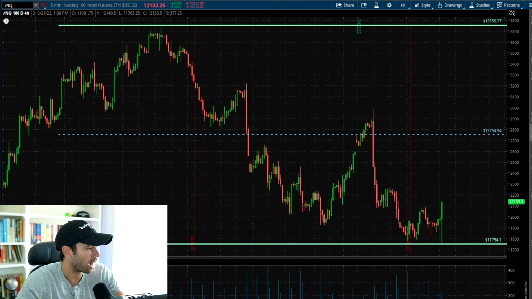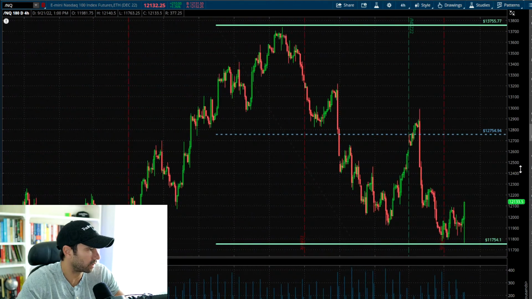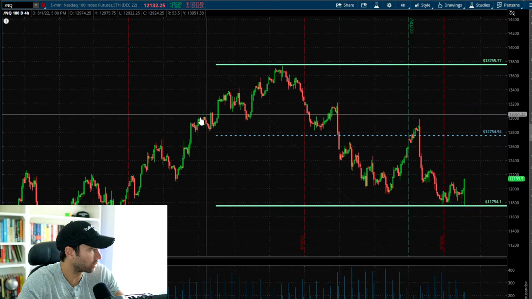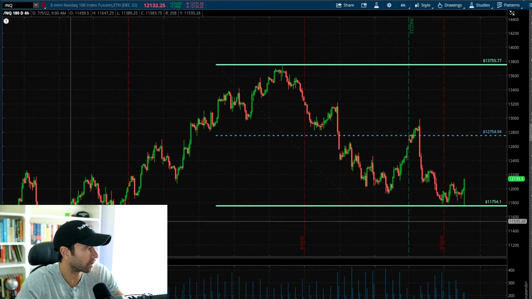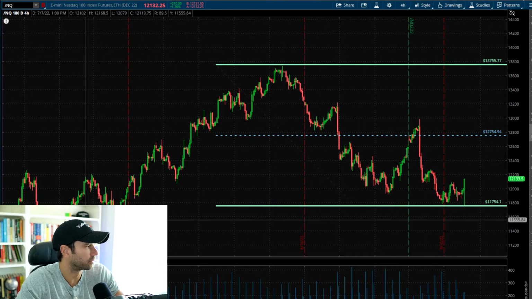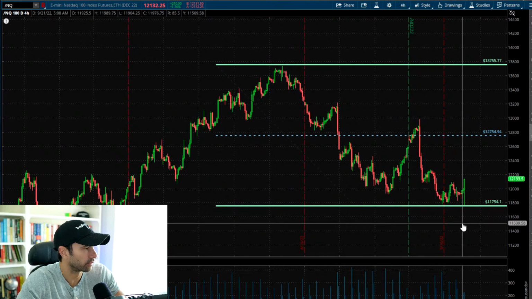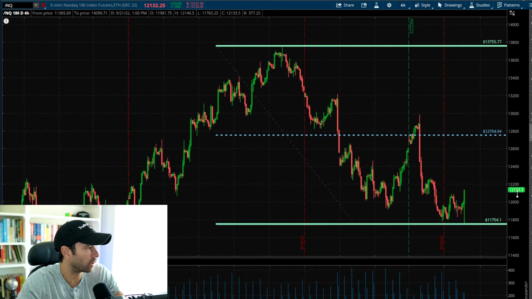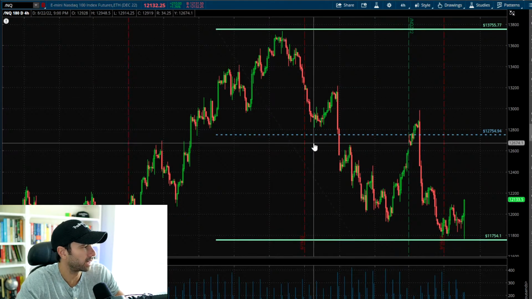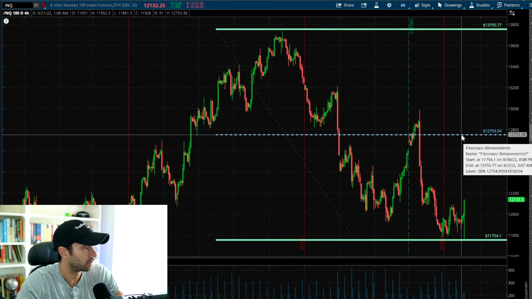As well here, the more it comes back down, the higher the probability for us to go long. So this is a better area to go long. But right now we're above the 50%.